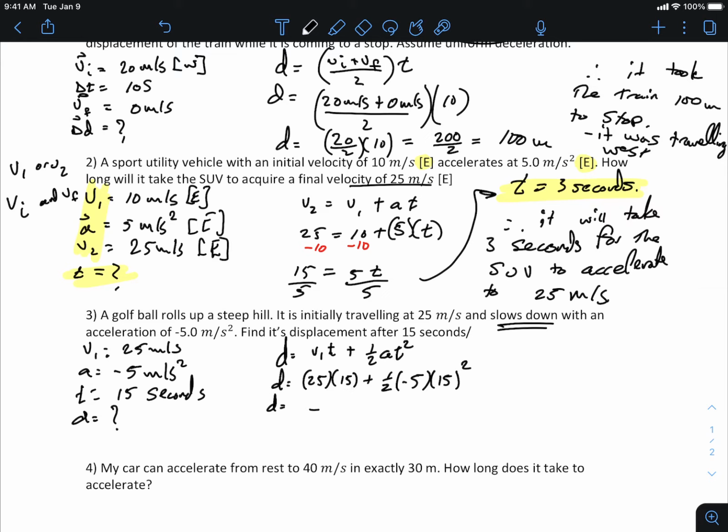But it turns out that the distance here is negative 187.5 meters, right? So its displacement is, let me just see here. Why is that coming out negative? Let me make sense of this.